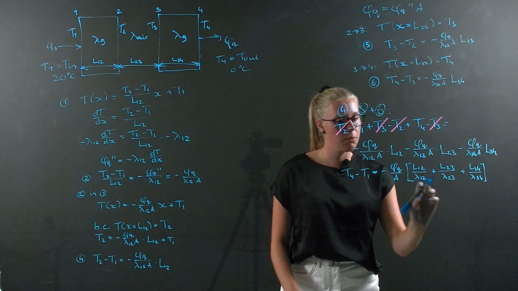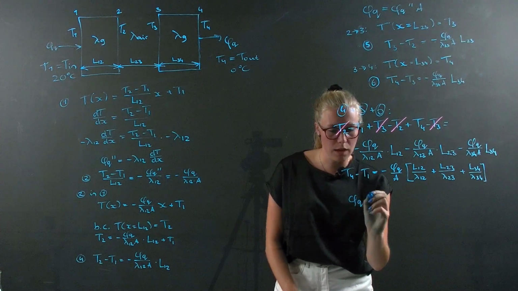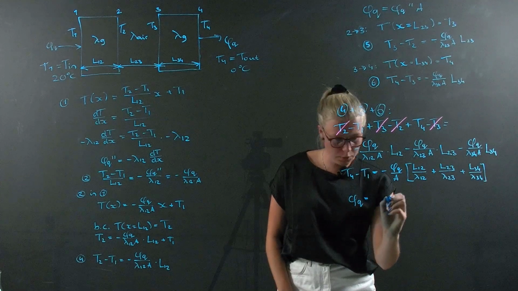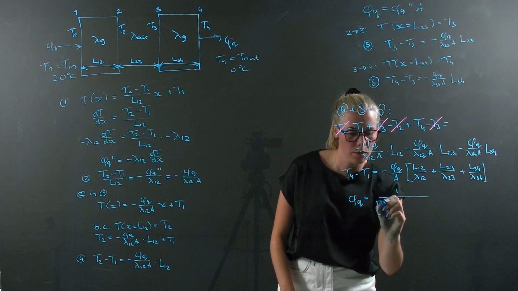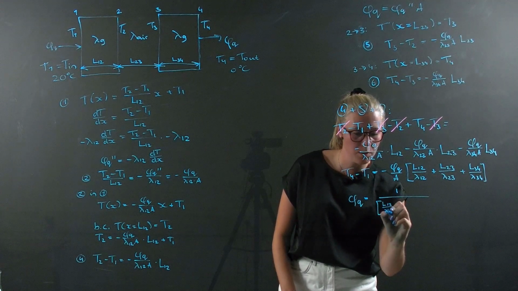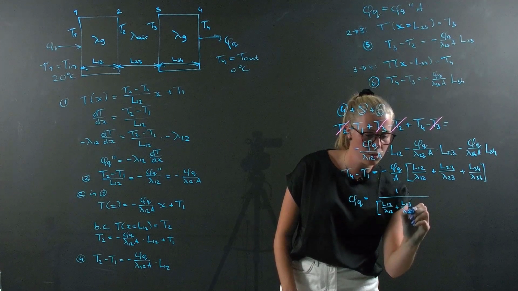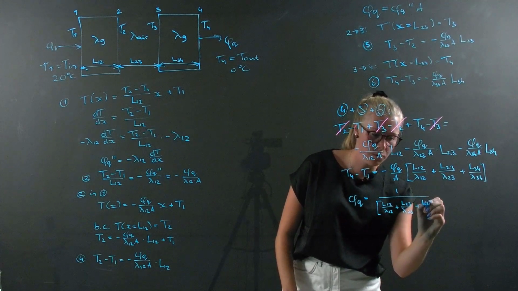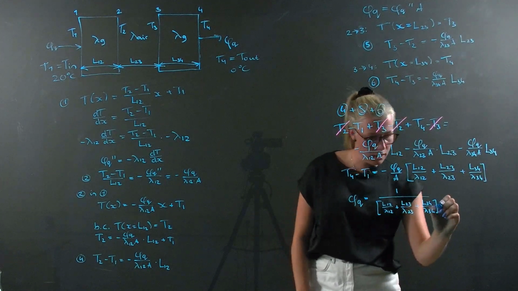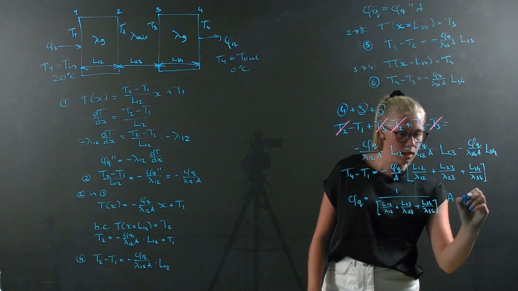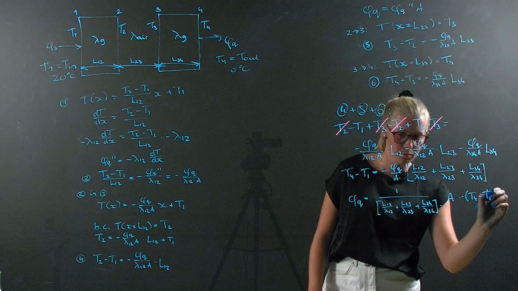In this exercise we want to know what the rate of heat loss is, so we have to rewrite this equation to Φq is equal to 1 over this term, so L12 over lambda 12 plus L23 over lambda 23 plus L34 over lambda 34, times A times minus (T4 minus T1).